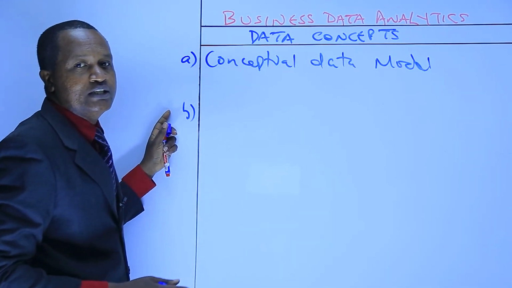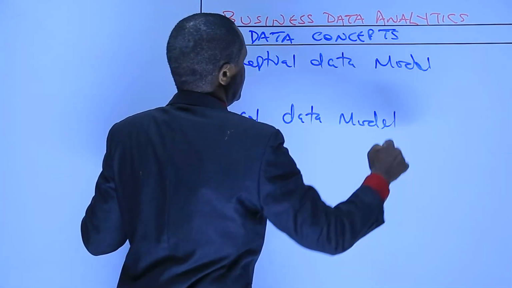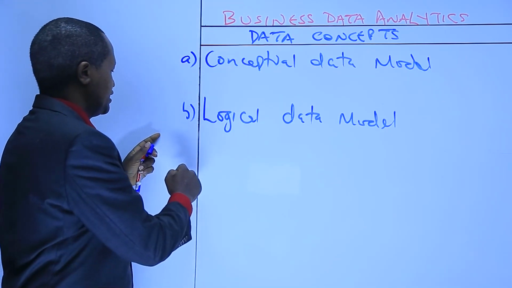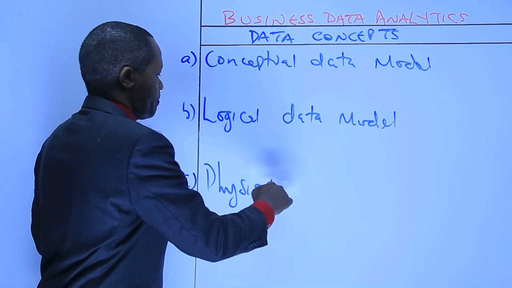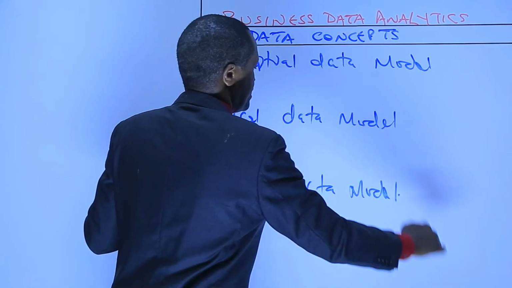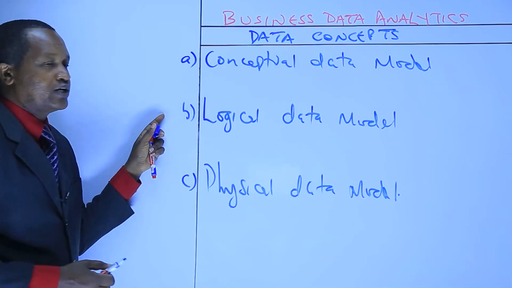The second one is the logical data model, and lastly, the physical data model.